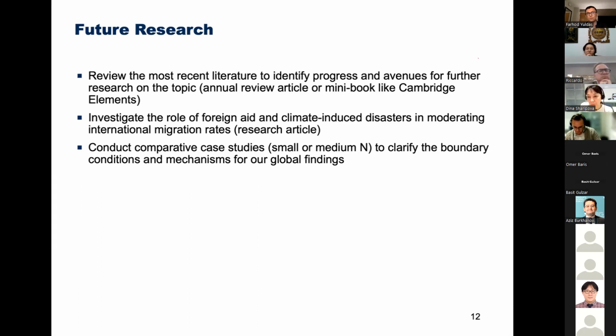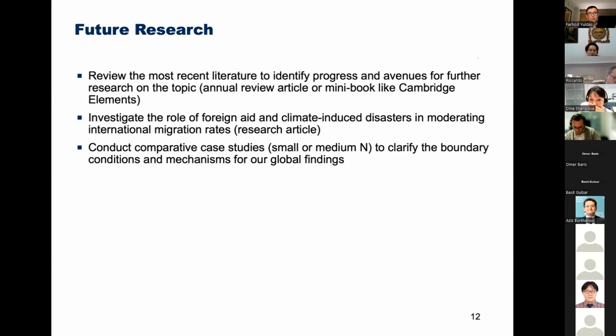And not only review some of the newer findings there, but also identify what some of the limitations are and what kind of studies we can conduct to push this field forward. So we're thinking about an annual review article or some kind of mini book like Cambridge Elements.